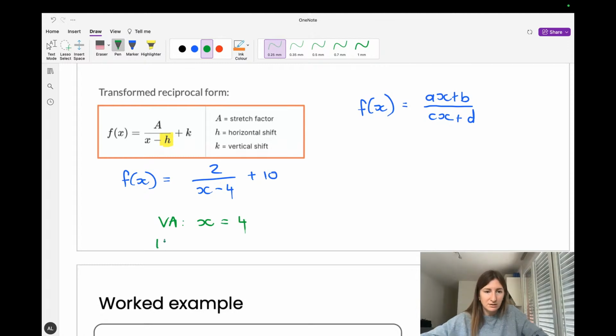Then for my horizontal asymptote, I'm no longer looking at the coefficients here. It's whatever this number is that's being added or subtracted that is going to be my horizontal asymptote. So that's positive 10, so it's just y equals 10. If that was negative 10, then this would be y equals negative 10. So that's another way that you can read them off of the graph. So let's look at how we can go from this form to this form.